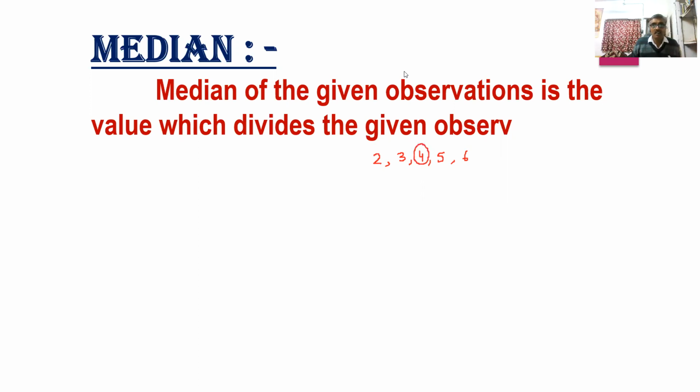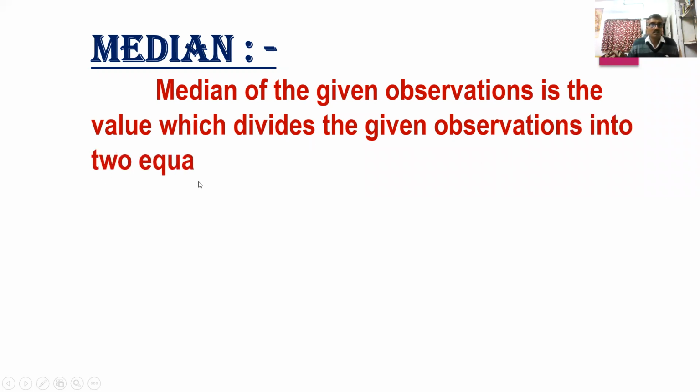On the left hand side of the 4, there are two terms, and on the right hand side of the 4, there are two terms. This means 4 divides the given observations into two equal parts.